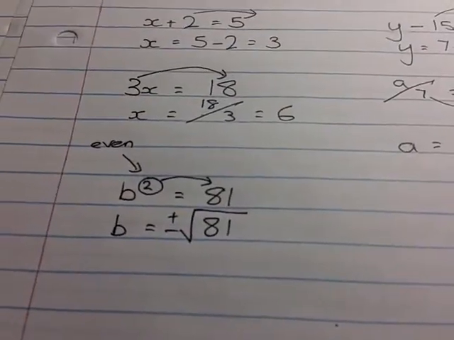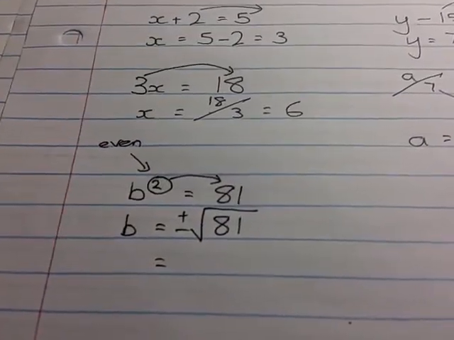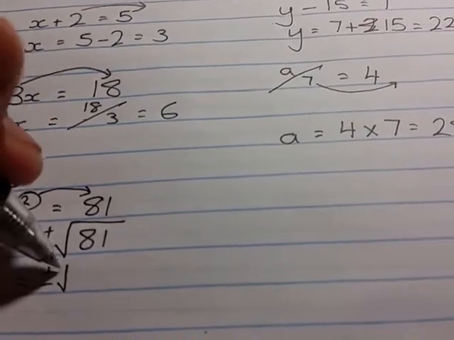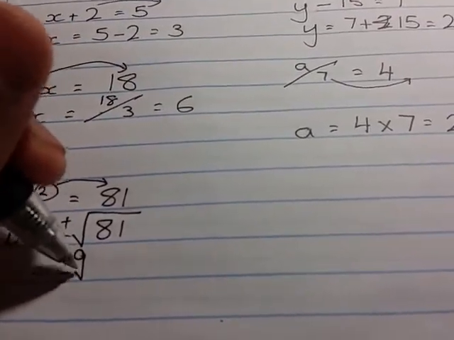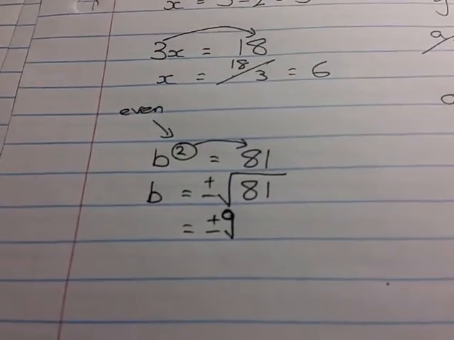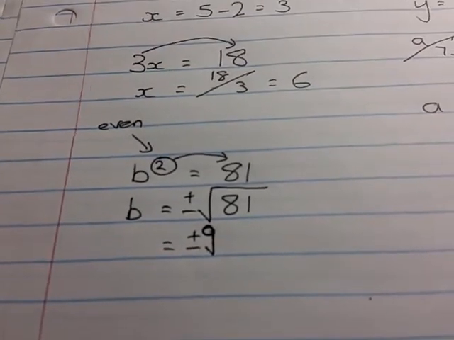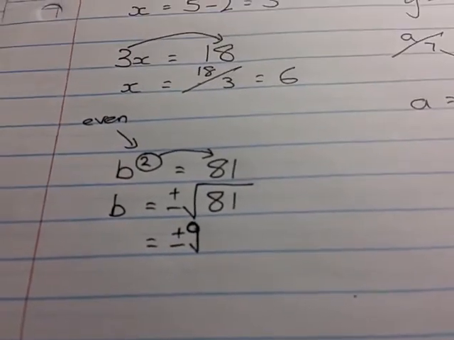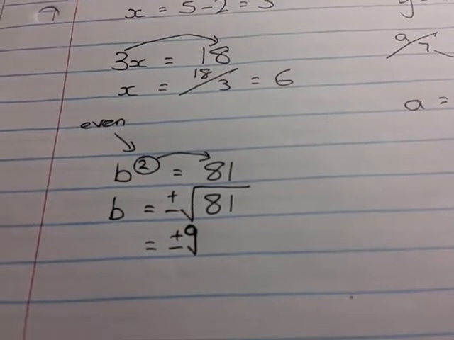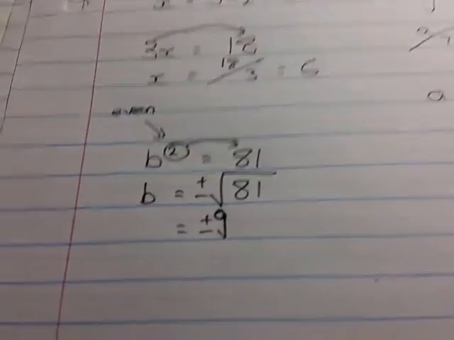So your answers are going to be plus minus the square root of 81, which is plus minus 9. Because if you take positive 9 and you square it, you will get 81. If you take negative 9 and you square it, you will also get 81. So it indeed makes sense.